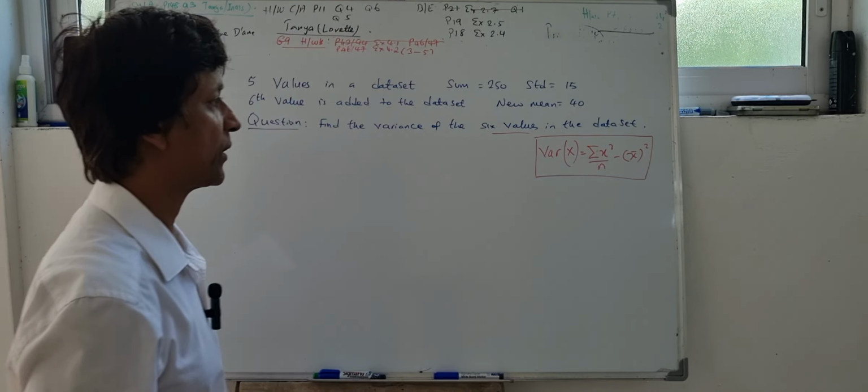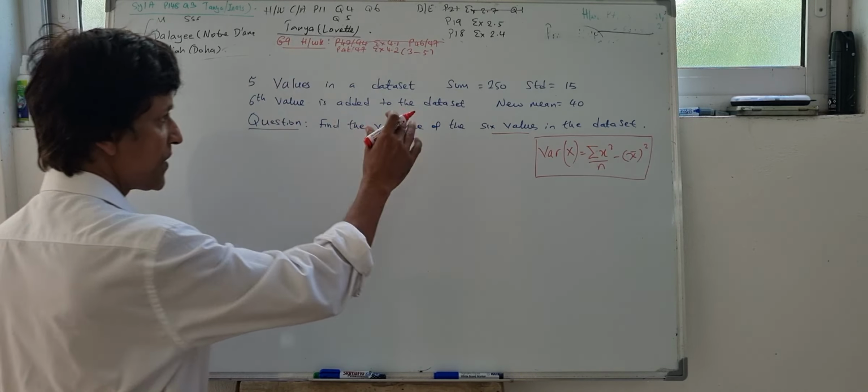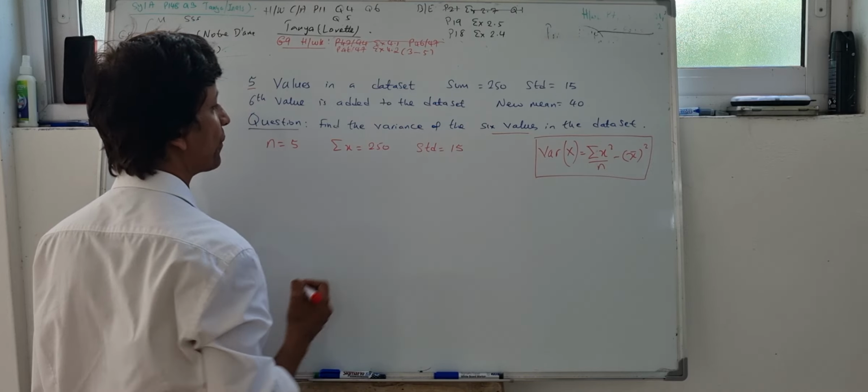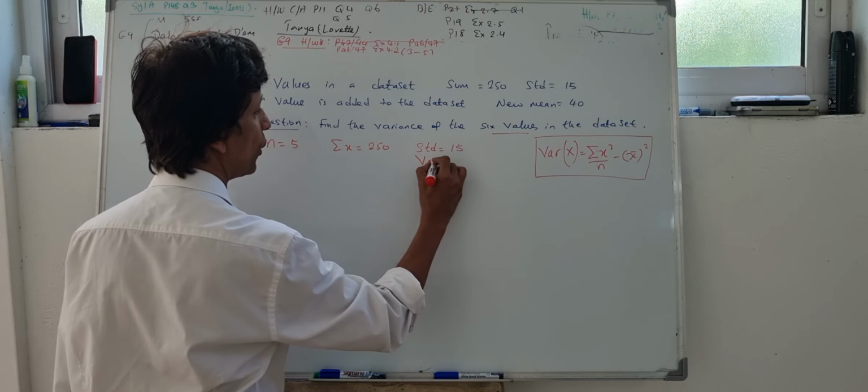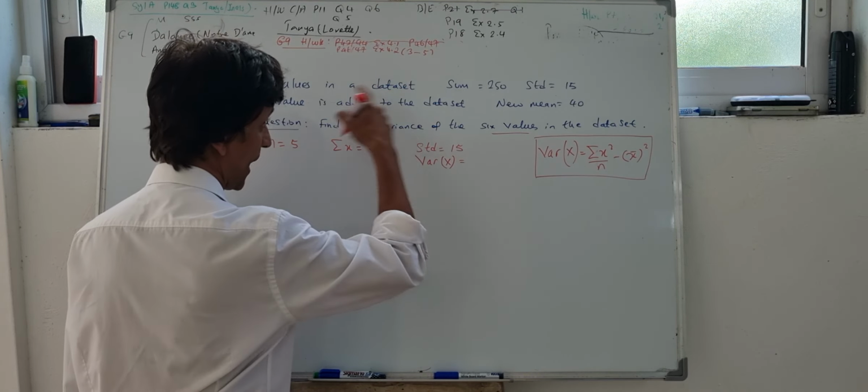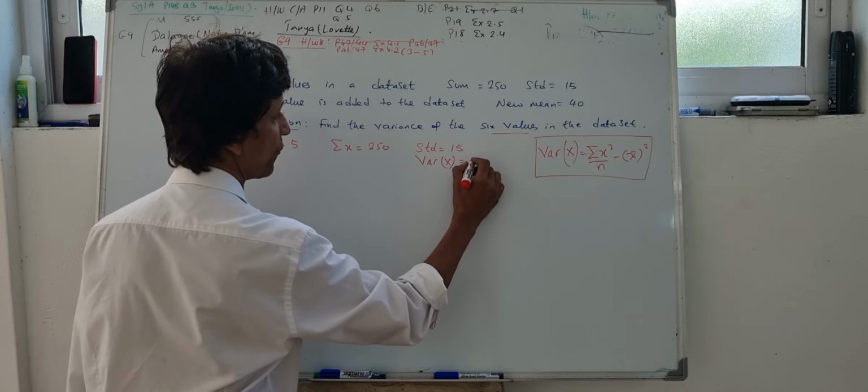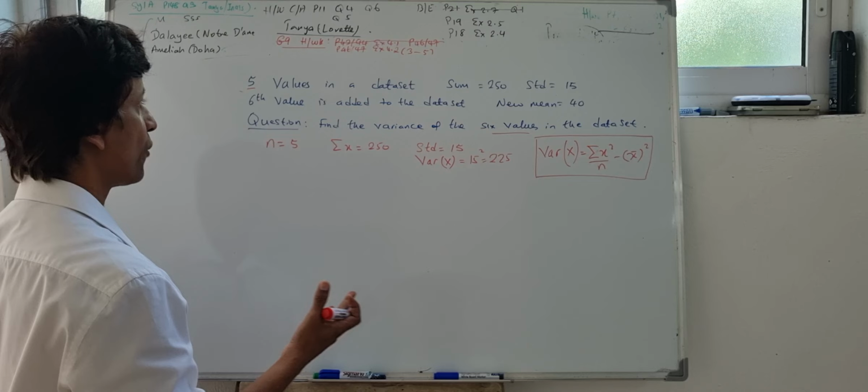We have 5 values, so n is 5, and the summation of x is 250. The standard deviation is 15, so the variance of the 5 values is 15 squared, which is 225.